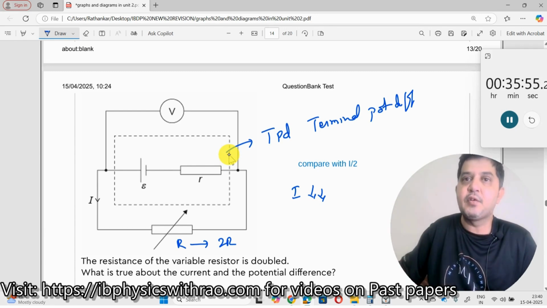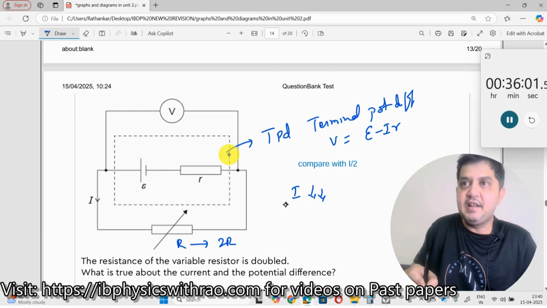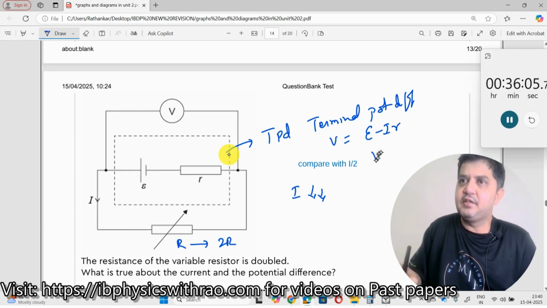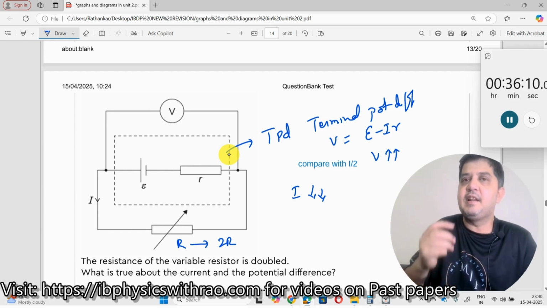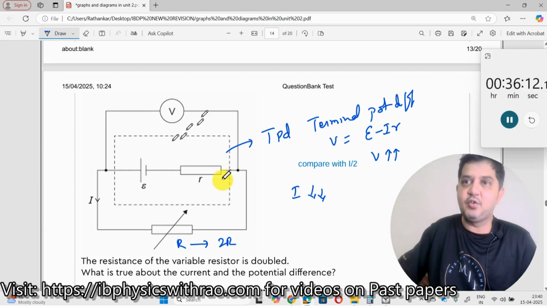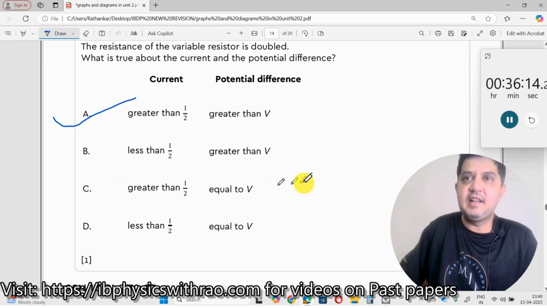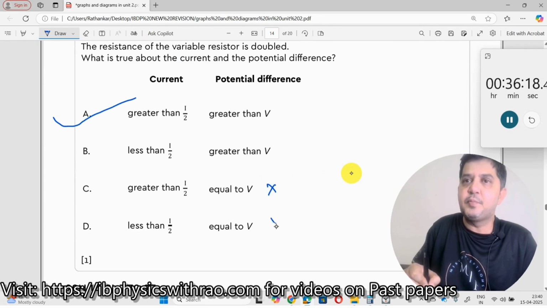So now what's happening to this value? This value V is given by E minus IR. When I reduces, definitely this IR will reduce. When this reduces, V will increase. The voltmeter will read a larger value, so greater than V. These two should be correct, and these two should be incorrect.